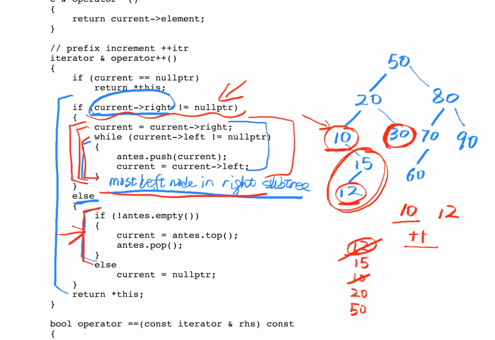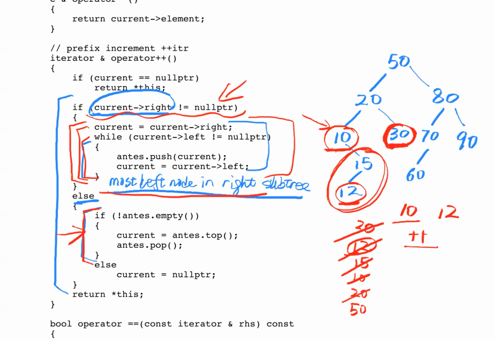Now 30's next node is the top element in the stack. After we pop this out, it is already done.